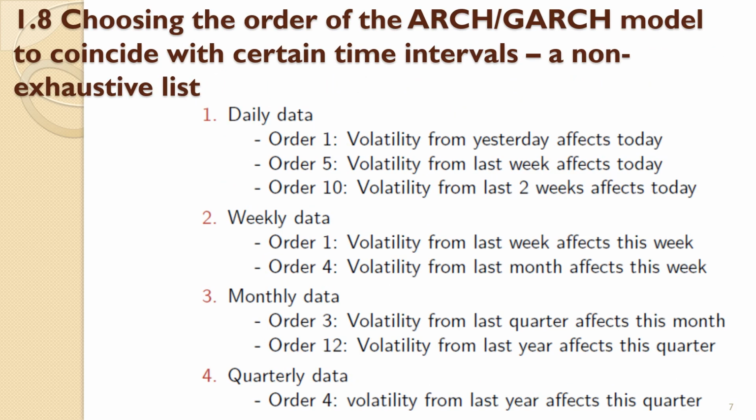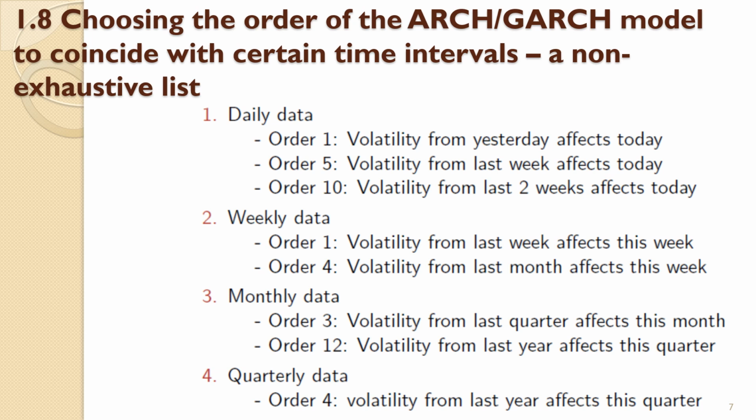So the idea is that physically and financially these things can make a good deal of sense if you choose the order of the ARCH-GARCH model to coincide with certain time intervals. So there's a non-exhaustive list here. I don't want to overdo it, but just try to give you a flavour of what can go on. If you've got daily data, an order 1 model would mean that volatility from yesterday affects today.